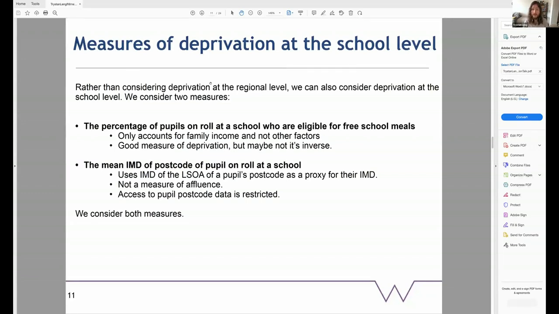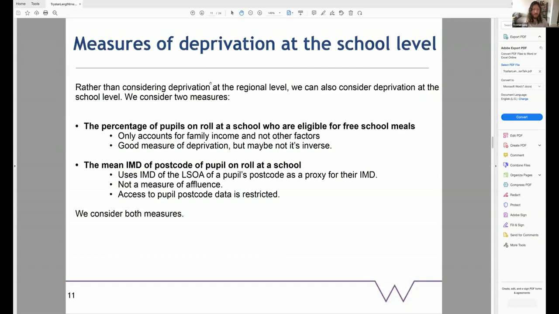This data is collected in the educational setting status data, and eligibility for free school meals depends upon family income. A limitation is that it only depends on income and not other factors. It may be a good measure of deprivation, but possibly not its inverse. It might not tell us much about the affluence of a school.